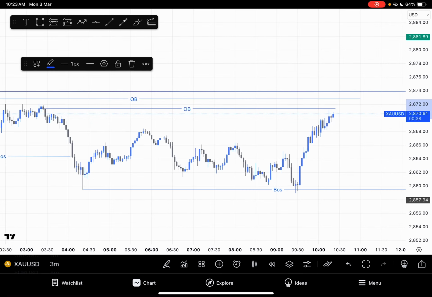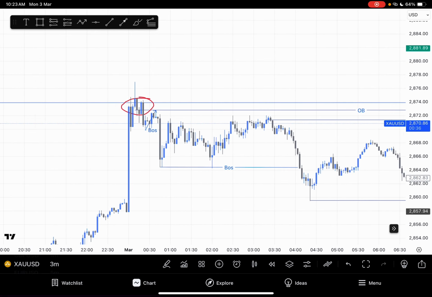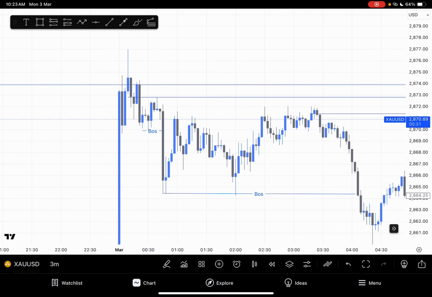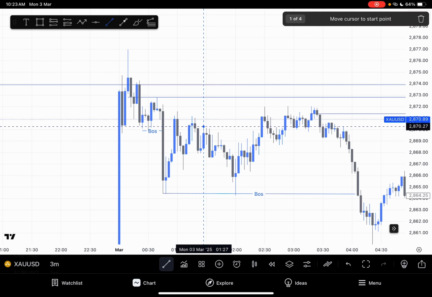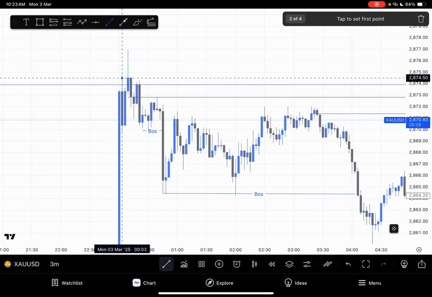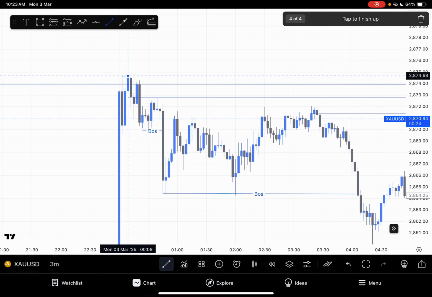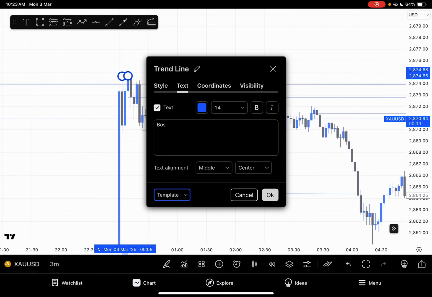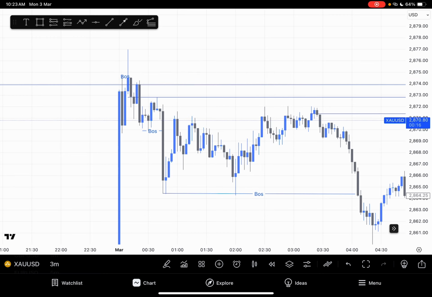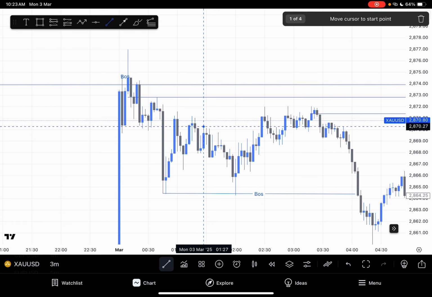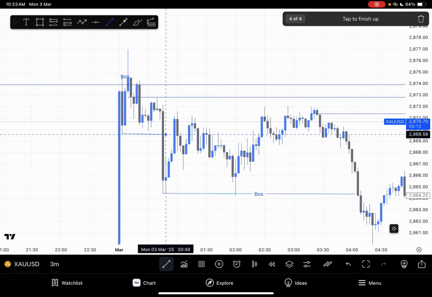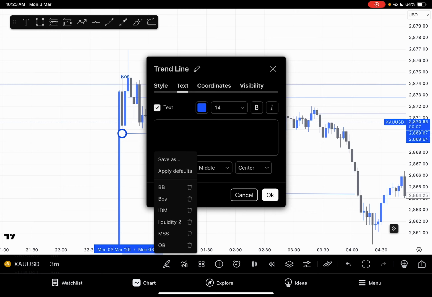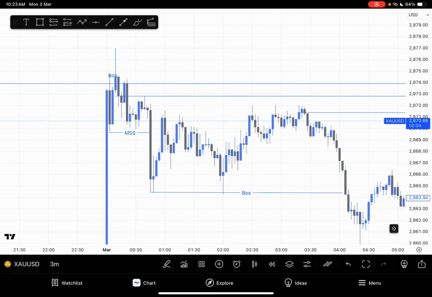And after the market structure shift, you can clearly see this is the last break of structure. And after every market structure shift, there must always be an order block, and the first pullback, once the first pullback didn't mitigate the order block, that's your inducement.